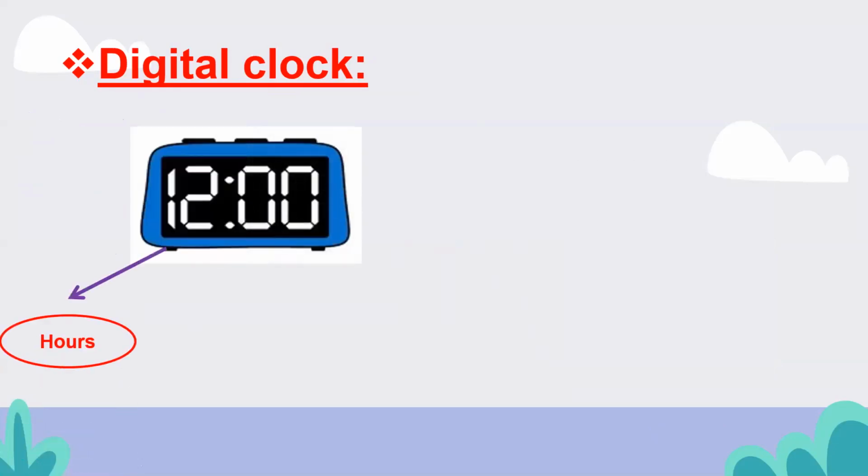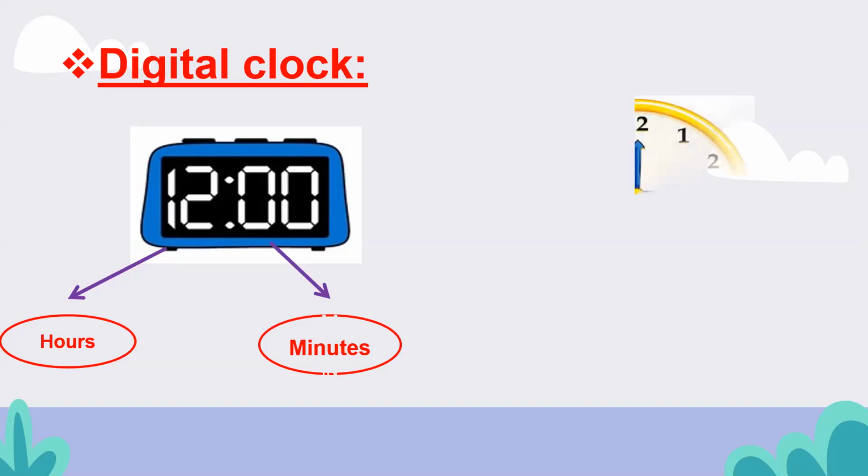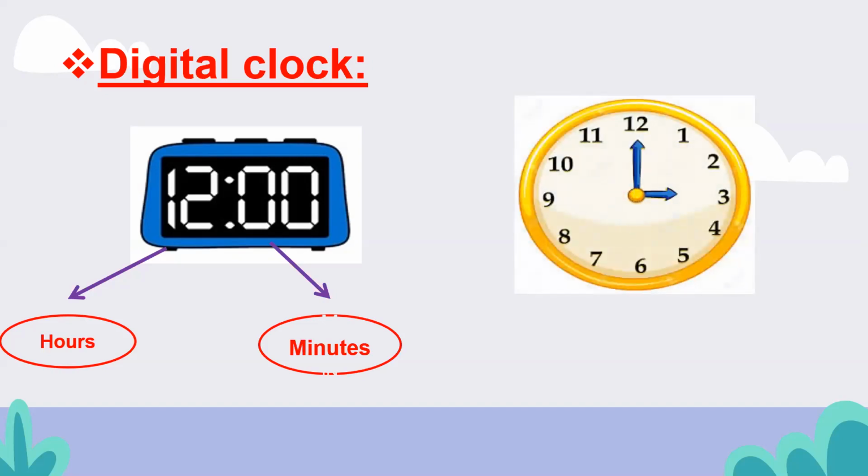Let's move to the digital clock. The digital clock has hours and minutes. And this is the analog clock.